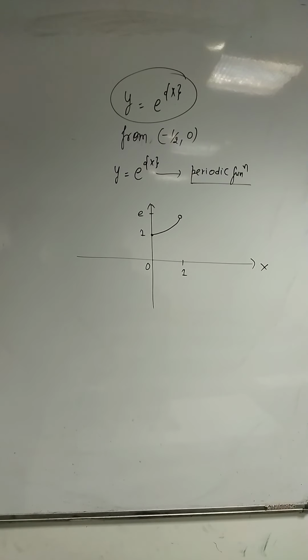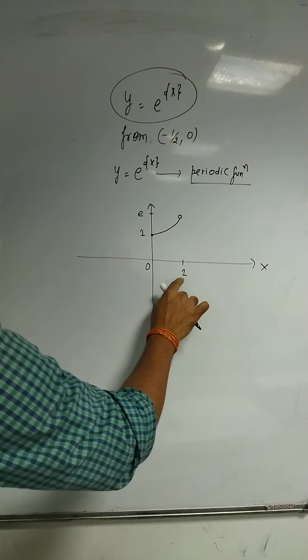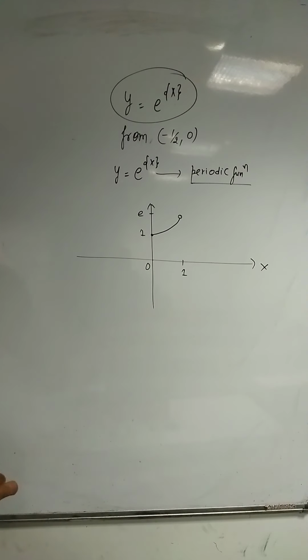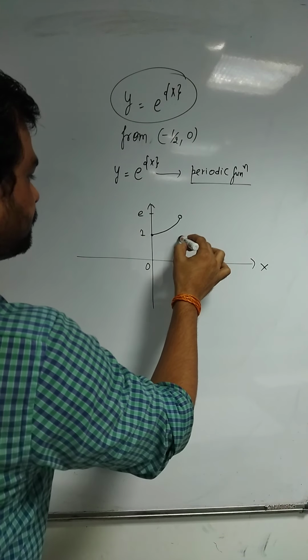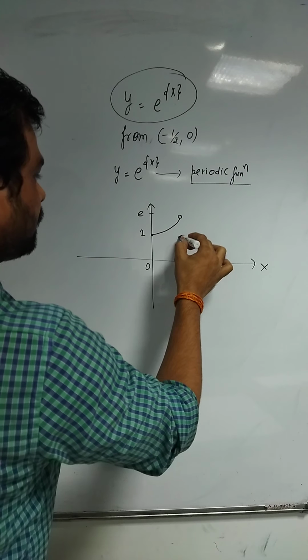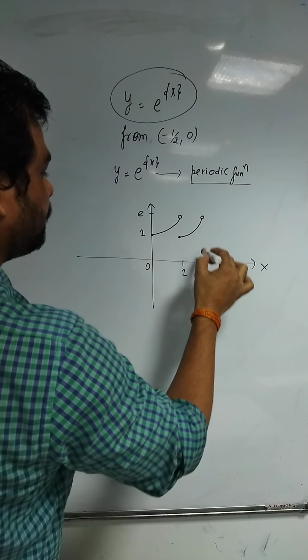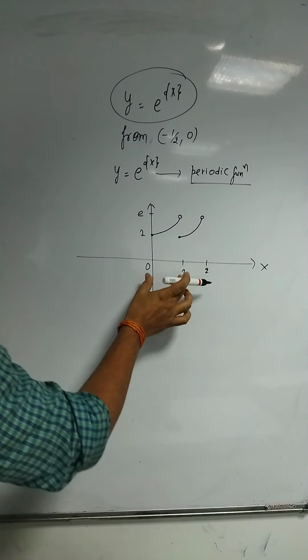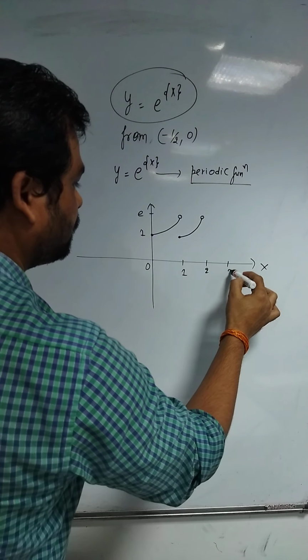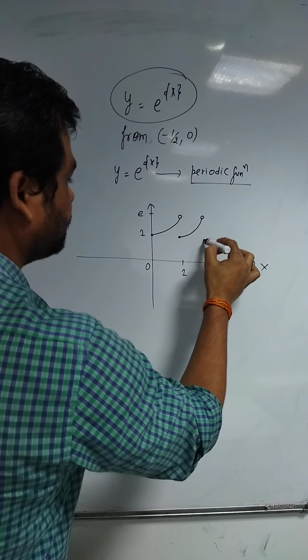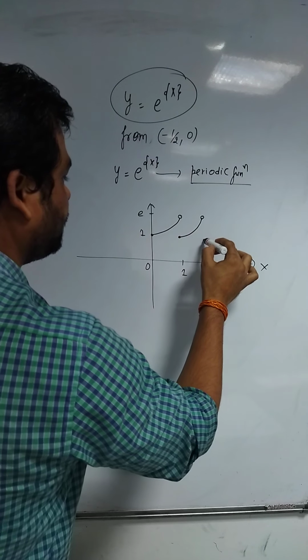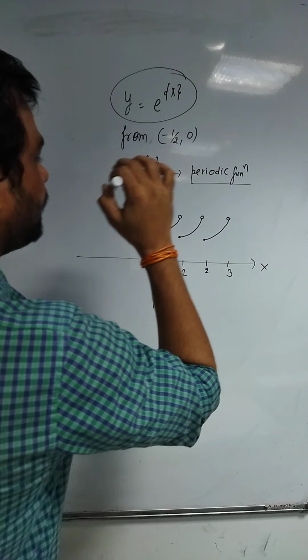Because at x is equal to 1, the fractional part of x is 0 and e to the power 0 is 1. And it repeats periodically, 0 to 1, 1 to 2, 2 to 3. The same graph will repeat on the entire number line.